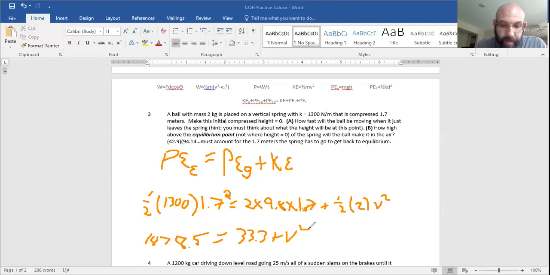So we bring that over to the other side, and then take the square root, which gives 42.9 meters per second. So the velocity in the beginning is 42.9 meters per second. That's A.